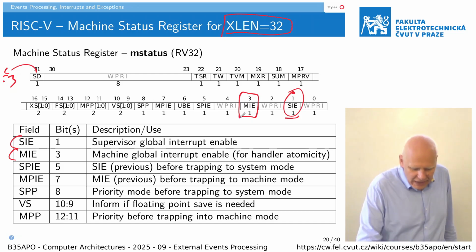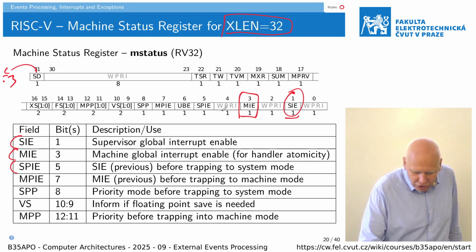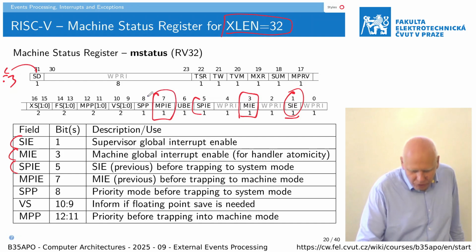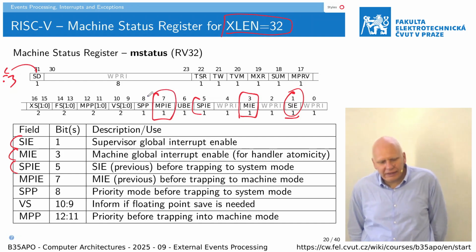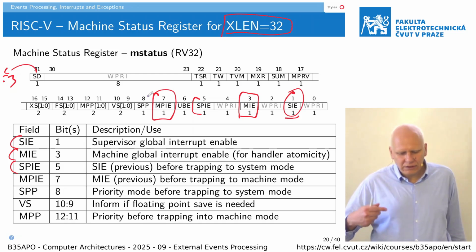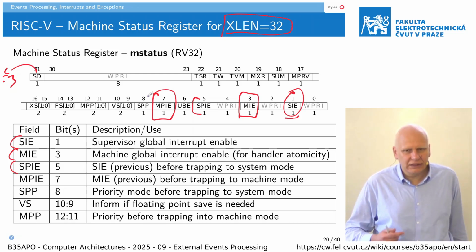Then there are 2 bits which hold the previous supervisor and machine mode interrupt enable bit after accepting the interrupt or exception.